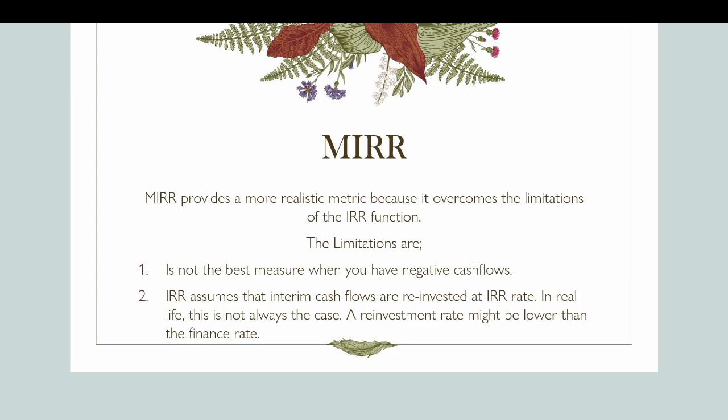MIRR is basically the modified internal rate of return. So we have an internal rate of return and we have the modified internal rate of return. The internal rate of return is the discount rate that will make the net present value equal to 0. There are some limitations of the IRR function.